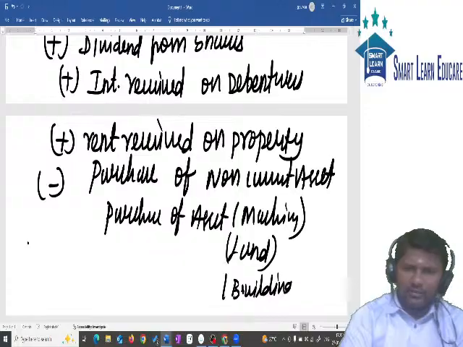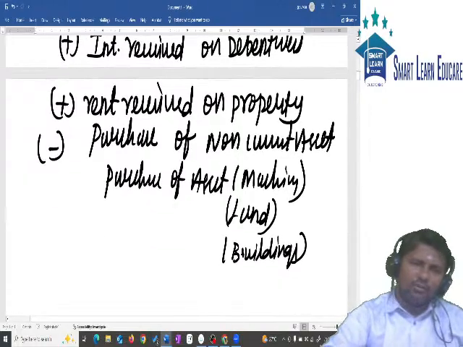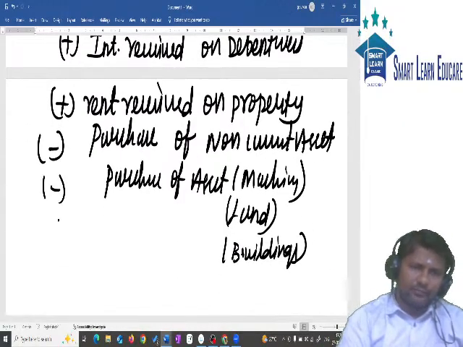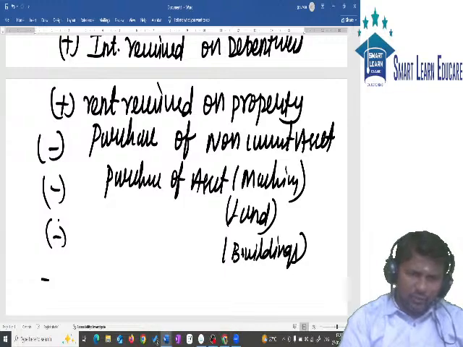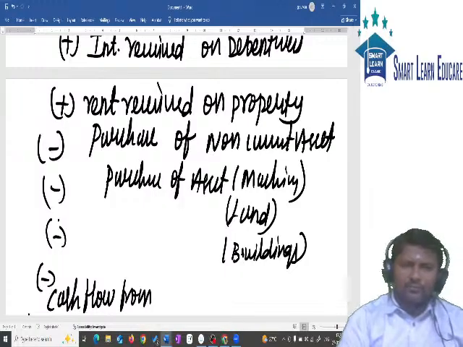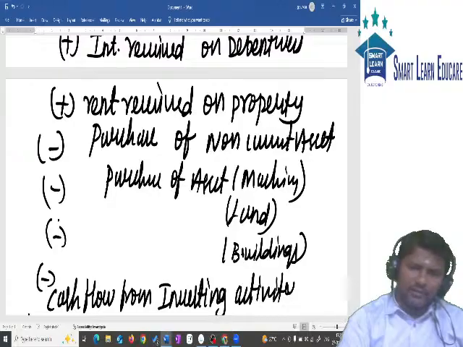So all these things should be subtracted. Whenever we purchase, we have an outflow of cash, so that should be subtracted. This will give you cash flow from investing activity.